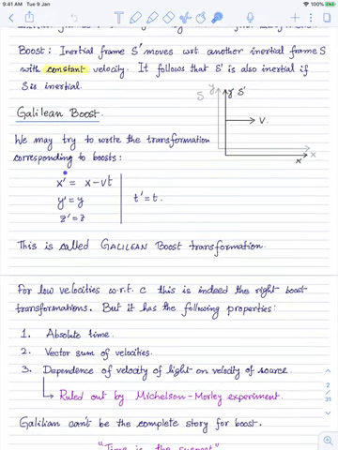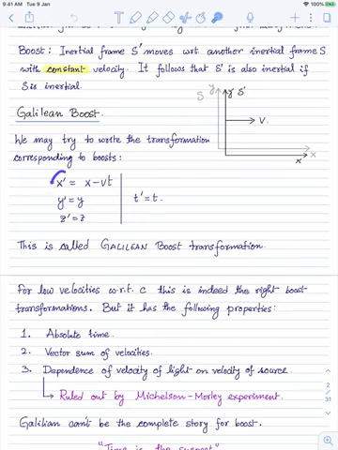Then from the point of view of S prime, a point in the S frame is moving in the other direction with velocity v.